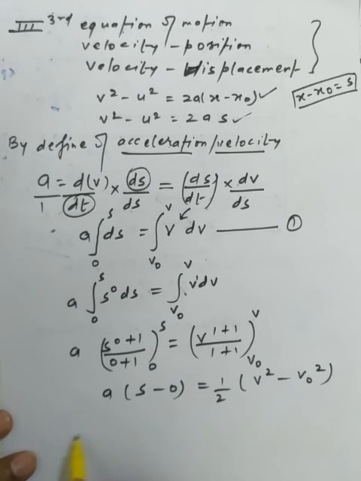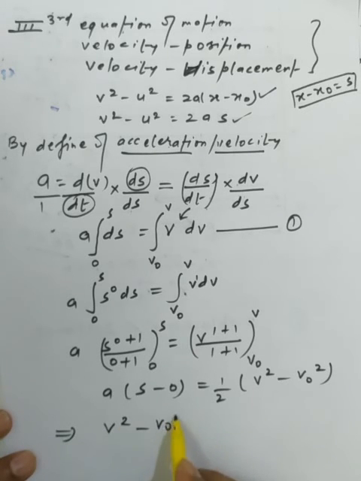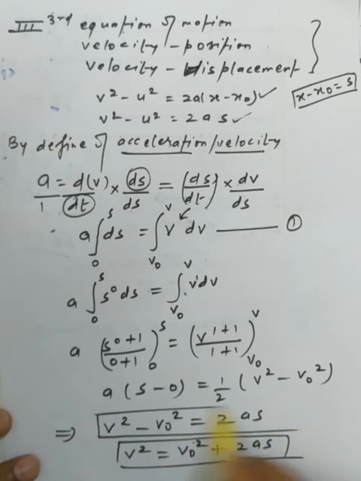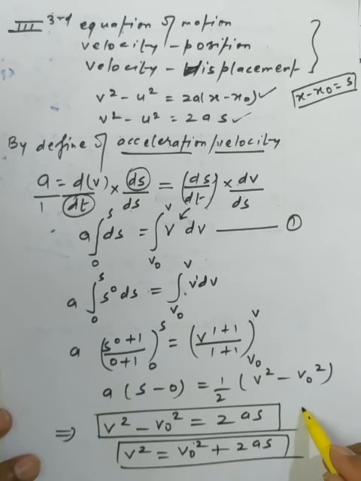Now I am simplifying in a systematic manner. So v square minus v naught square is equal to 2as, and it is the third equation of motion. You can also write it as v square equals v naught square plus 2as. This is the relevant equation; in the ninth class we write v square minus u square is equal to 2as.